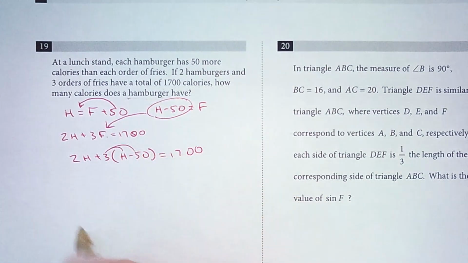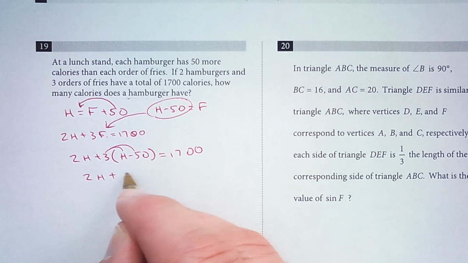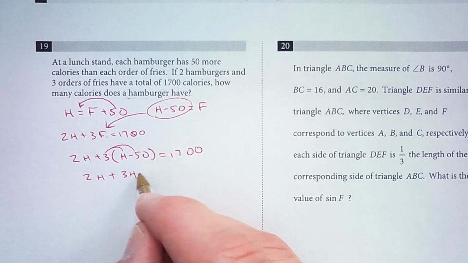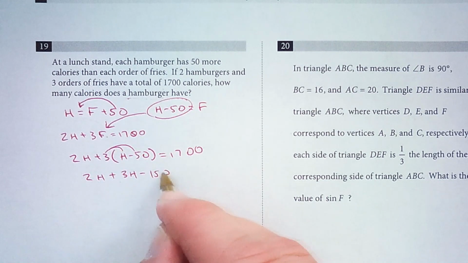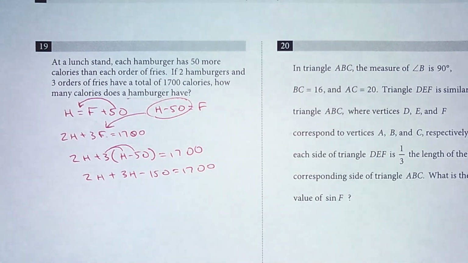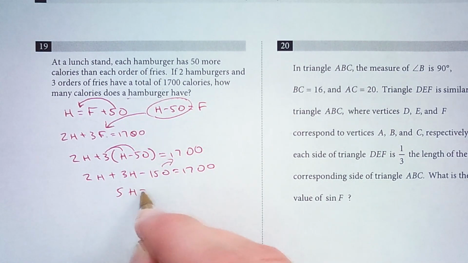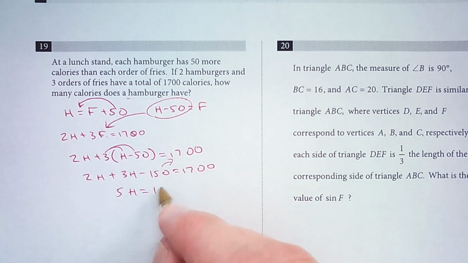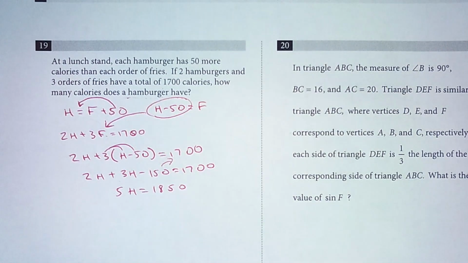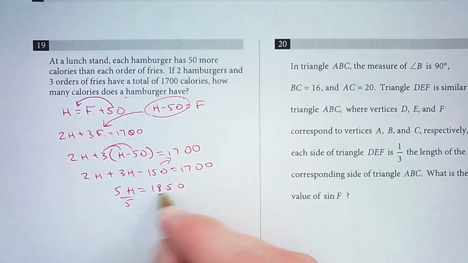So let's distribute this. 2h plus 3h minus 150 equals 1700. So we will add 150. So I've got 5h equals 1700 plus 150. That's 1850. And I'll divide by 5.